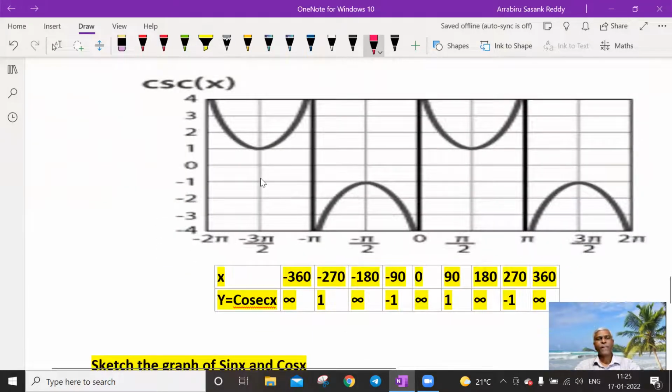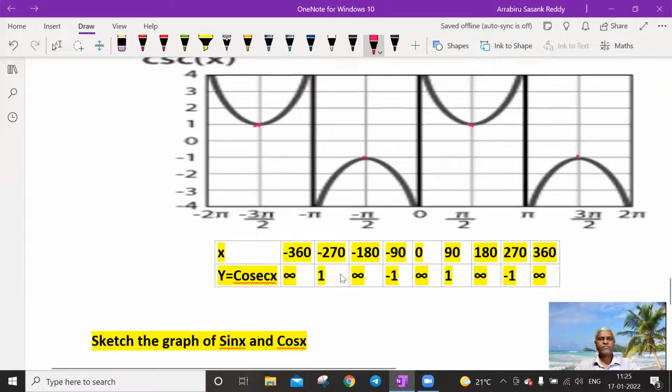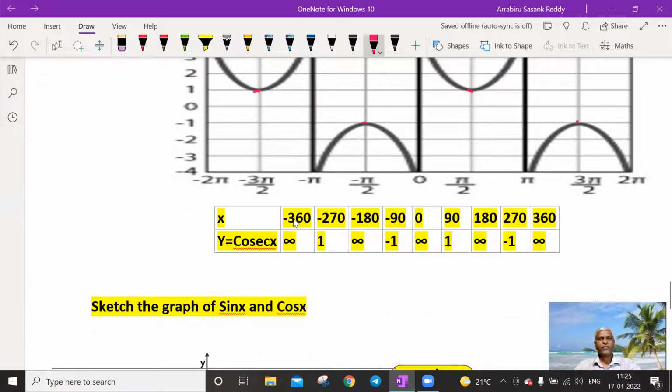So for cosec also, it is above 1 here, 1 to infinite and minus 1 to minus infinite. So the range of these two is 1 to plus infinite and union minus infinity to minus 1. So from minus 1 downwards, from plus 1 upwards. Minus 360 is infinite, minus 270 is 1 here. So minus 180 infinite, minus 90 is minus 1. So this is minus 1. 90 is plus 1. Minus 270 is minus 1.